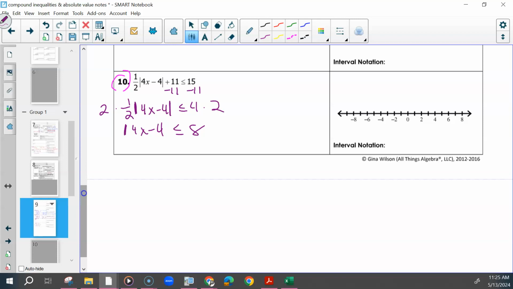So I'm going to drop my absolute value sign and then make my two cases, but I'm just going to make it condensed. -8 is less than or equal to 4x minus 4, which is less than or equal to 8. Now you can make the separate cases also, but I'm just going to do this to save space. Get rid of the 4, add it to all sides.